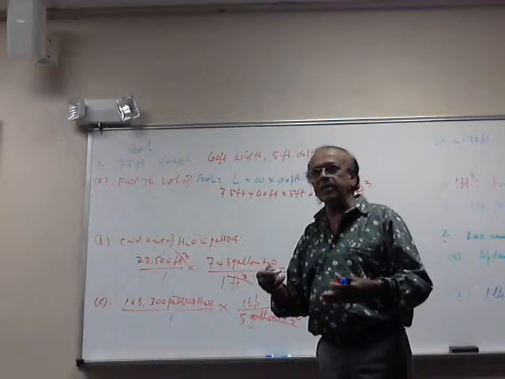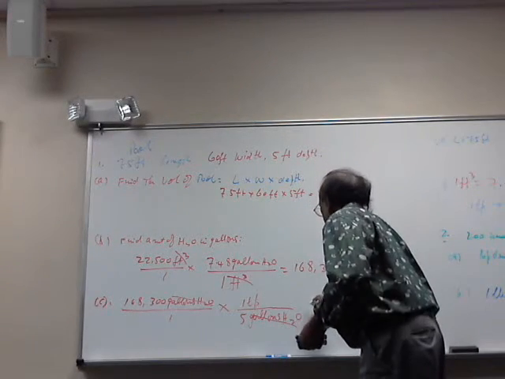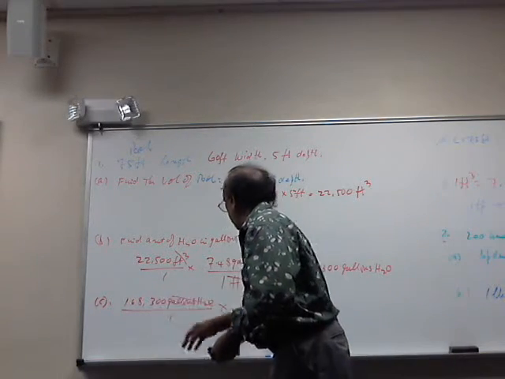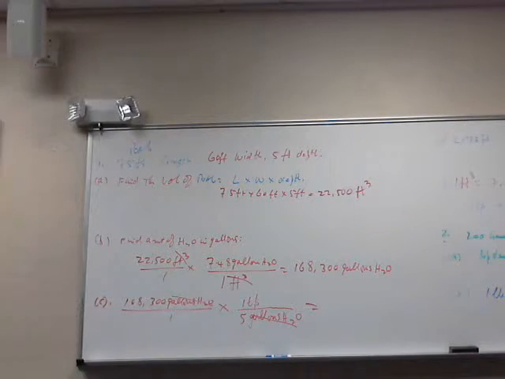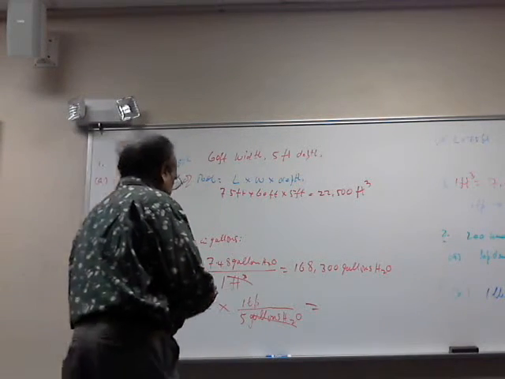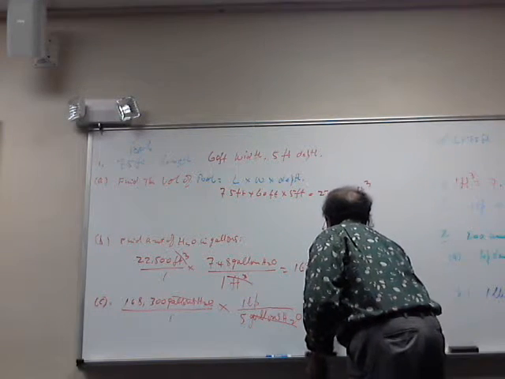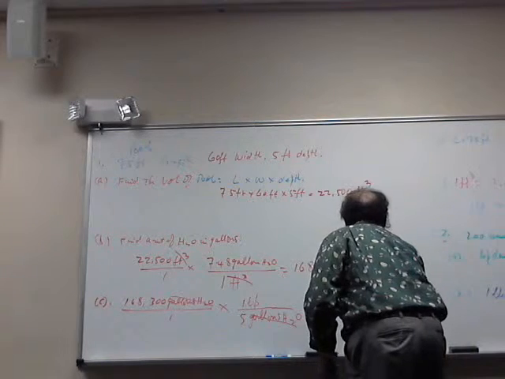Because the question asks, find how many teaspoonfuls. So then, we'll divide 168,300 by 5, and if you do that quickly, you'll get 33,660. 33,660 teaspoons.